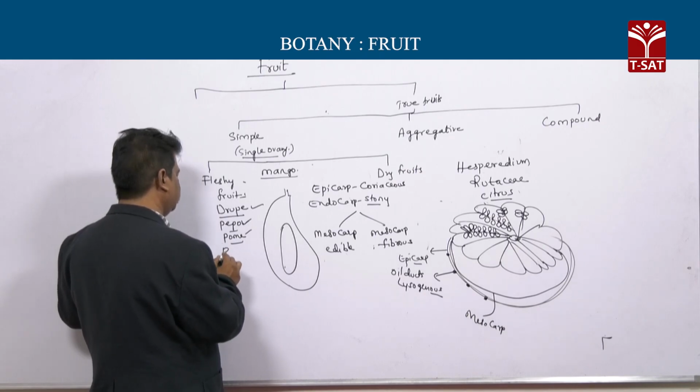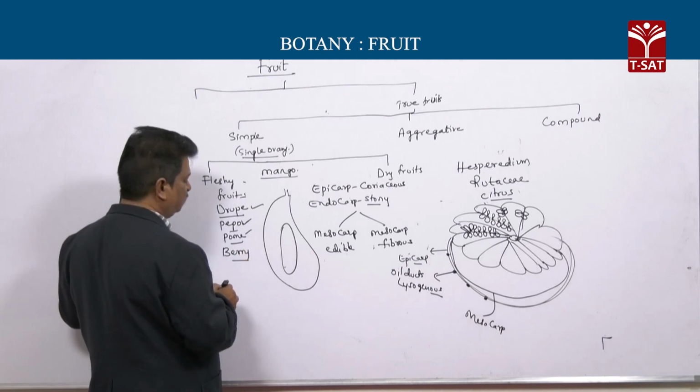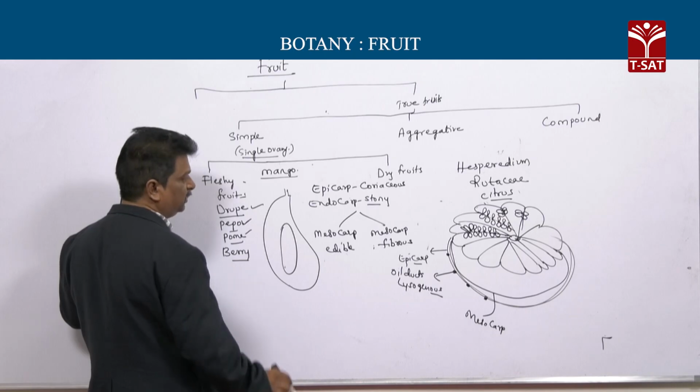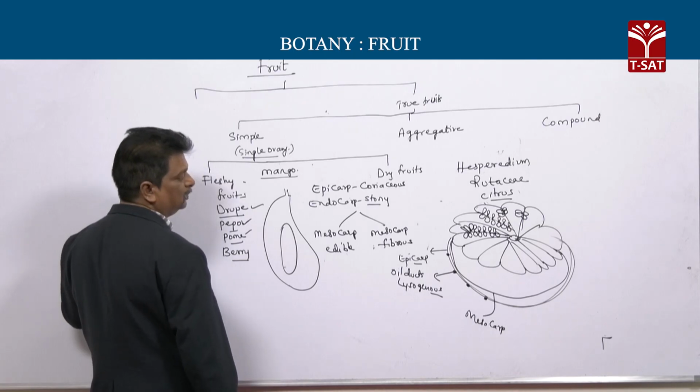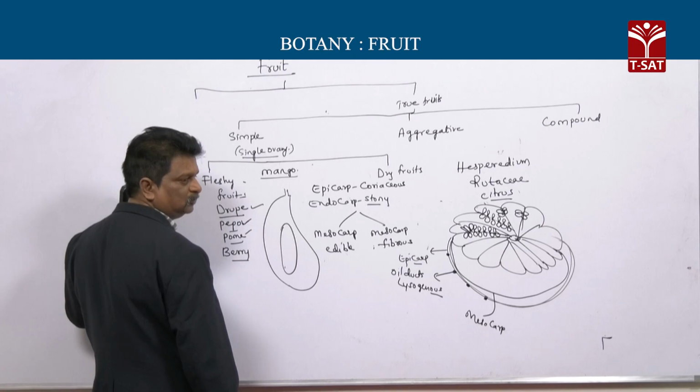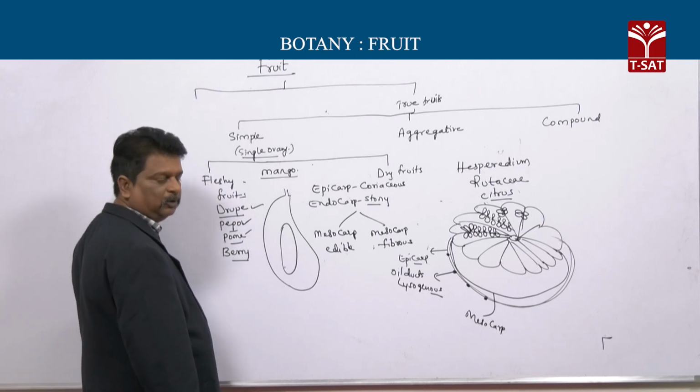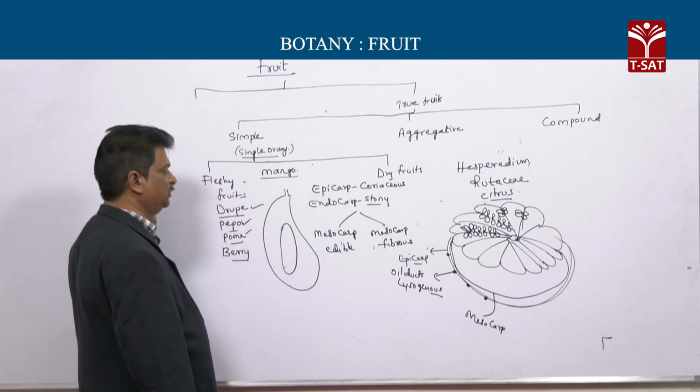Then, next one, berry. Berry is identified by the presence of pulp. Pulp is formed by mesocarp and endocarp. Then Hesperidium: what is the edible part? Endocarp. This endocarp forms edible, juicy hairs.